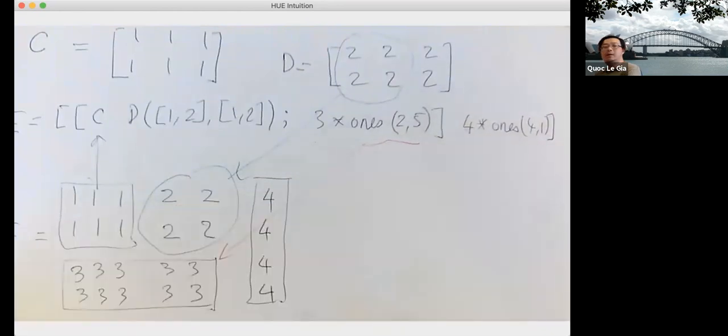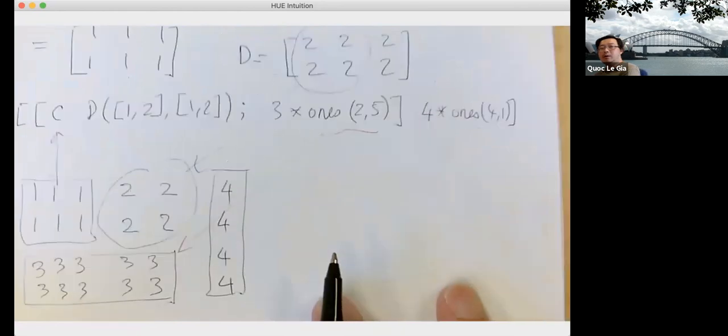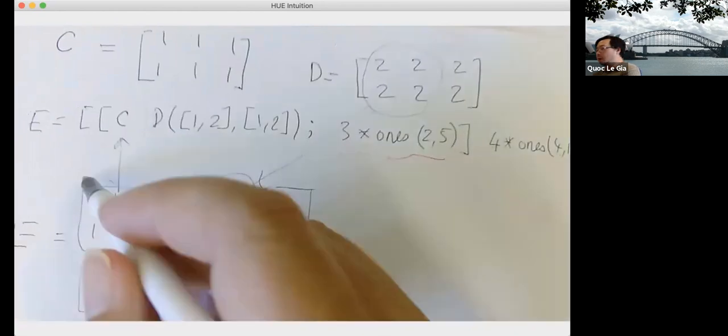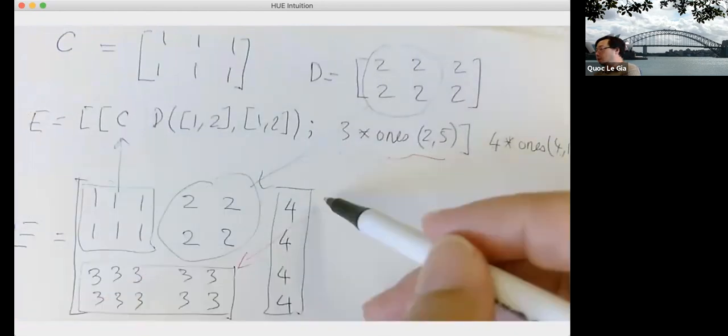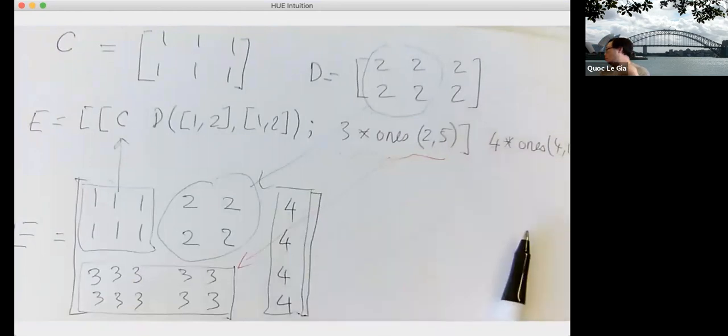And you can type in MATLAB and see whether I get the correct results or not. So I can show you when I put it in MATLAB, I will get exactly the same matrix.